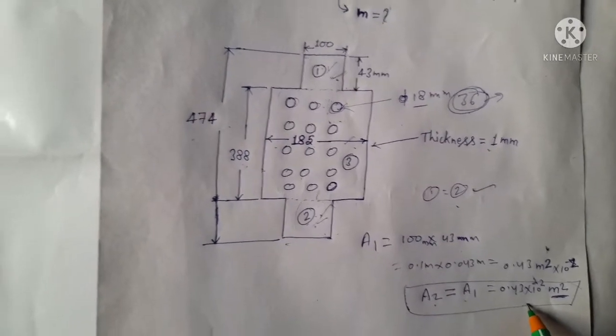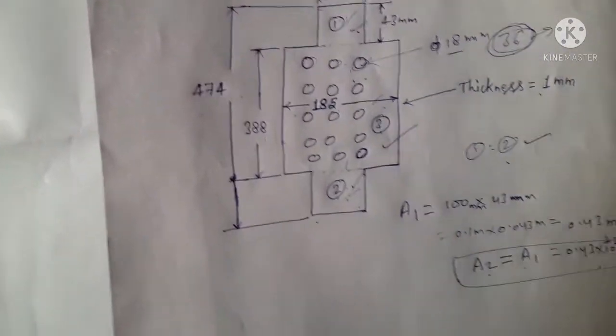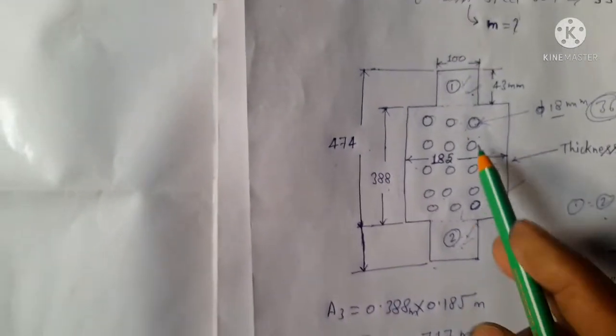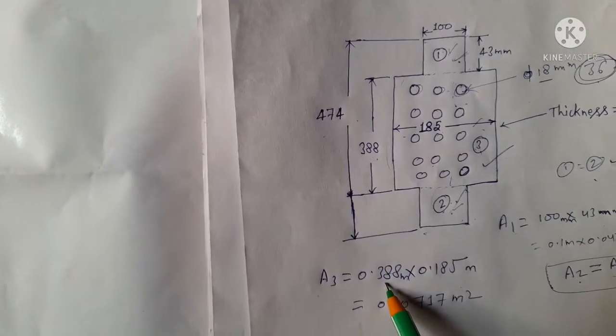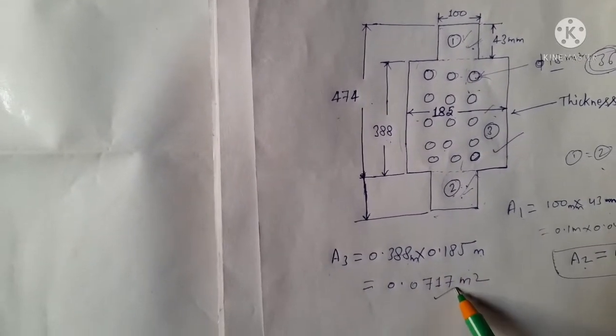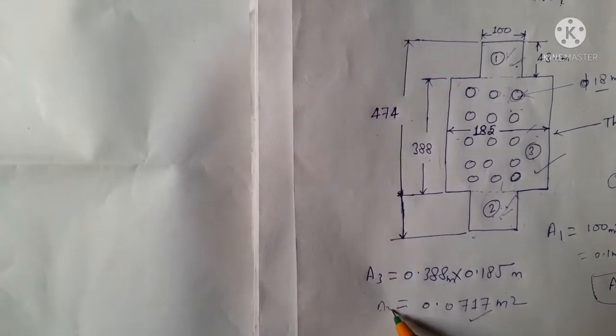Now we calculate this rectangle area, A3. A3 is 0.388 meter multiplied by 0.185 meter, and you get 0.0717 meter square.